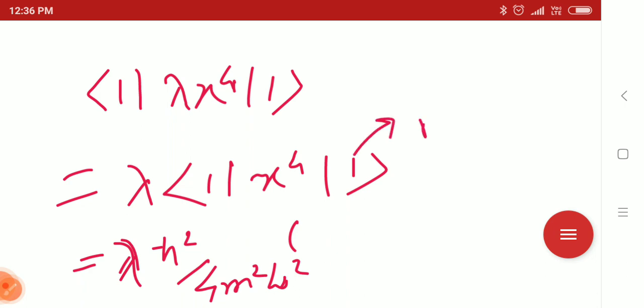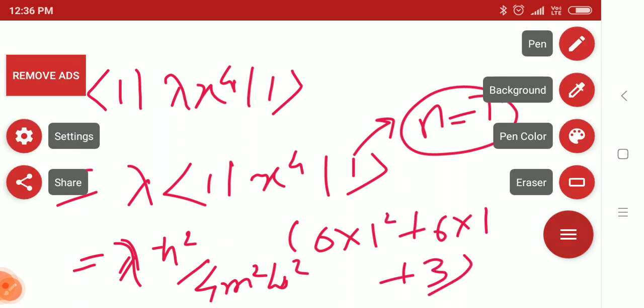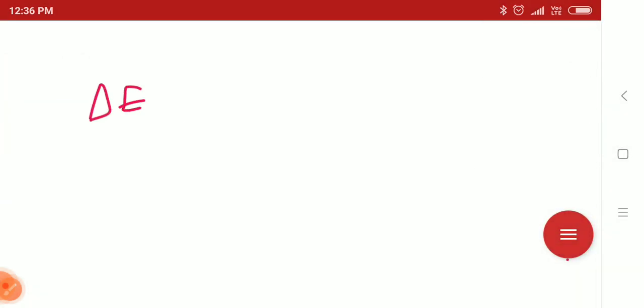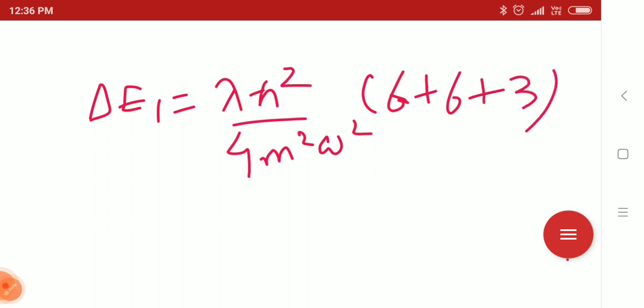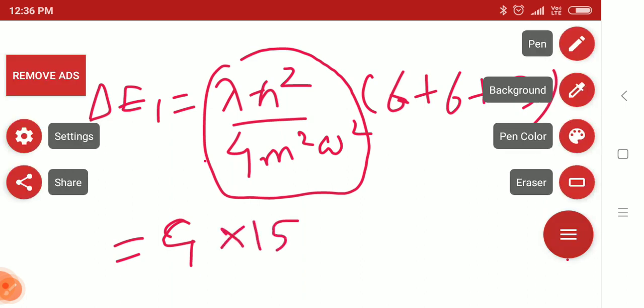Here n equals 1, so 6 into 1 square plus 6 into 1 plus 3. So the energy correction in the first excited state, delta E1, is lambda h cut square by 4 m square omega square times 15. This is a constant, so we can write it as C1 into 15.